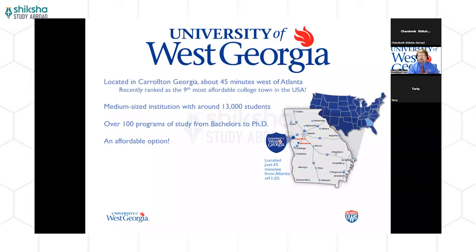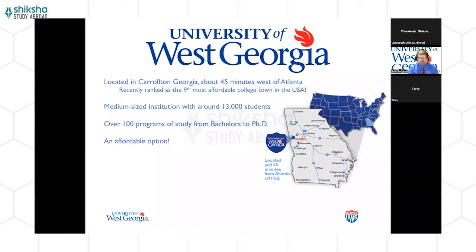I am from the University of West Georgia, as I had mentioned. We are about 45 minutes west from the city of Atlanta, and that is about an hour or so from downtown Atlanta from the airport. If you're not familiar, Georgia is actually this state here, which is kind of the hat for Florida. So if you did not know where Georgia was, I forgive you.